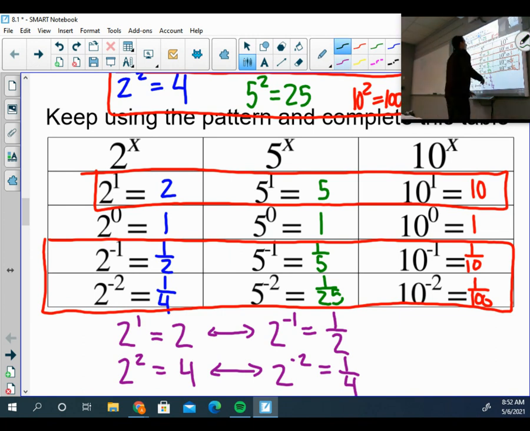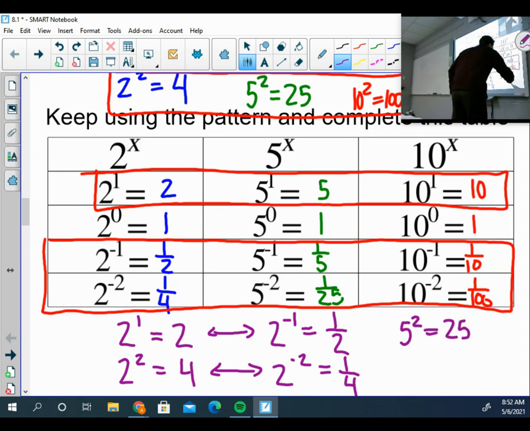If we want to continue this pattern, we even take 5 to the 2, we want to observe it one more time, and we notice that 5 to the negative 2 is 1 over 25.